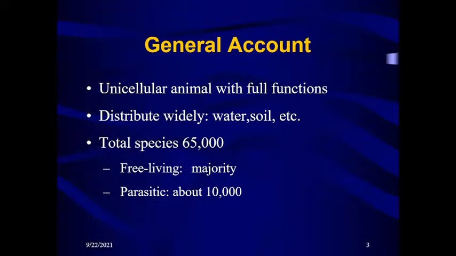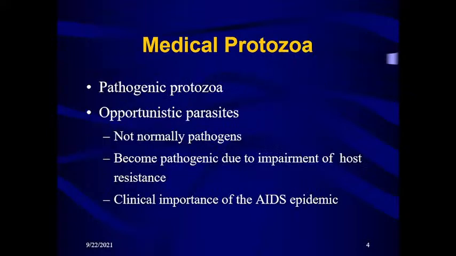Amoeba, these are unicellular organisms with full functions. The distribution is wide in soil, in water, other surfaces. There are more than 65,000 species, and I know you've covered this in parasitology, and the majority are free living, and the ones that are parasitic are about 10,000 species. That's a lot. Pathogenic protozoa, majority of them are opportunistic parasites.